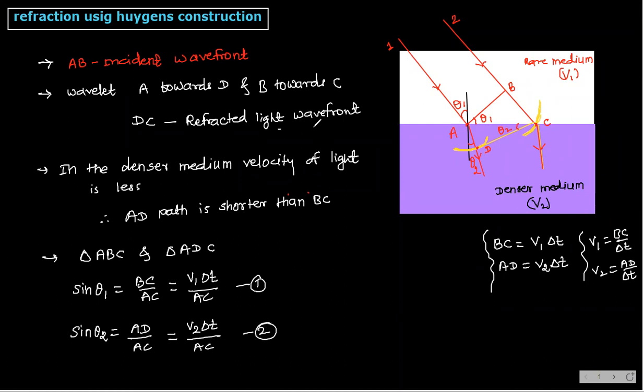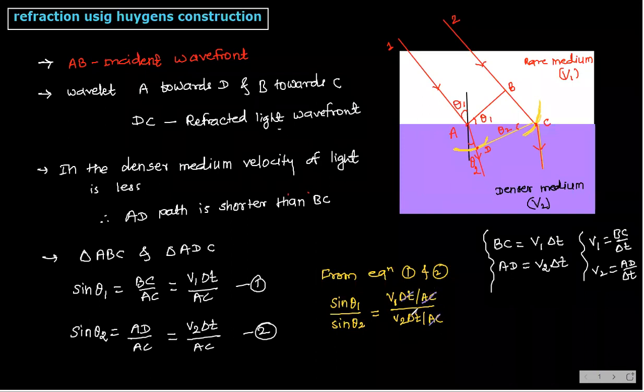Now dividing equation 1 and 2, sine theta 1 divided by sine theta 2 is equal to V1 delta t divided by AC, divided by V2 delta t divided by AC. So this AC will get cancelled, and this also cancels. So what we are getting?